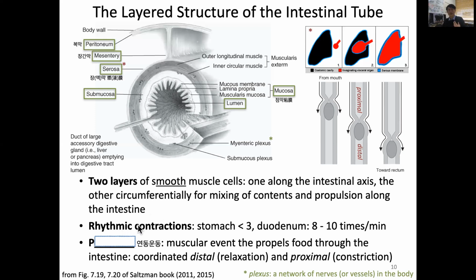The rhythmic contraction happens quite slowly. In the stomach, up to 3 squeezes happen per minute. And in the small intestine, the upper part, the duodenum, it takes about 8 to 10 times per minute, so it's like a squeeze every 6 to 7 seconds.